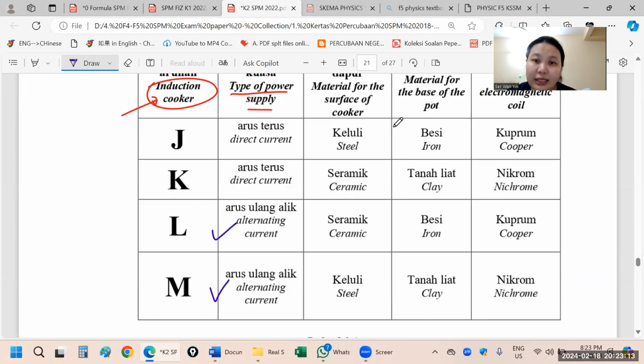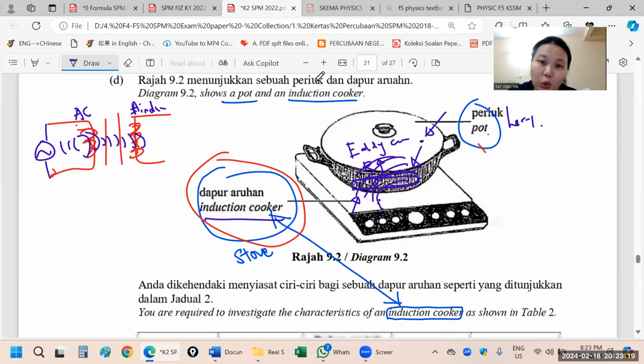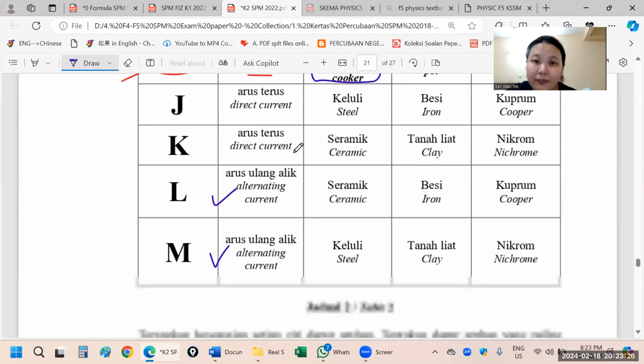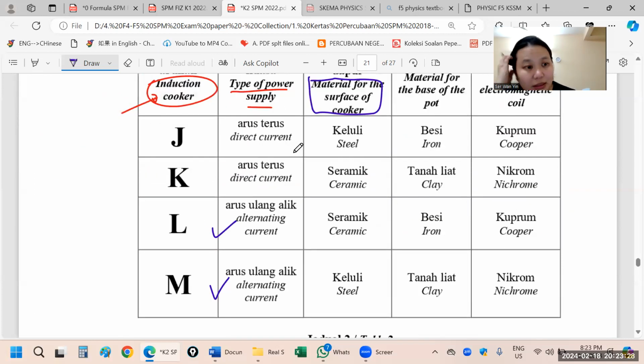Material for the surface of the cooker, cooker means here, not the pot. What do you think? Steel or ceramic is better? Or you can just go to your kitchen.